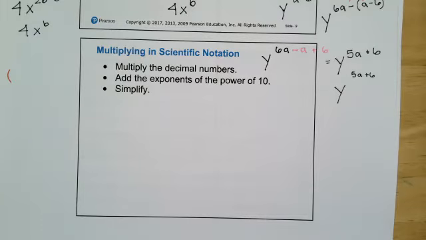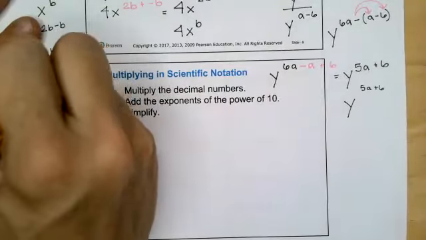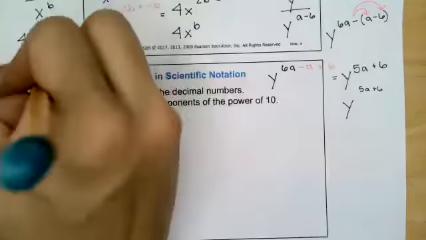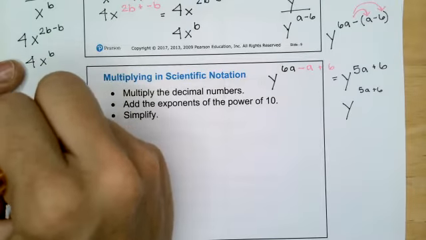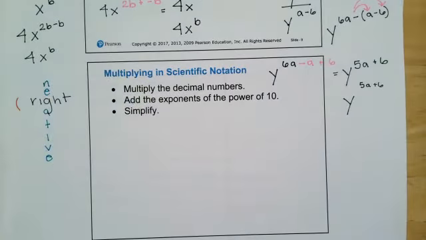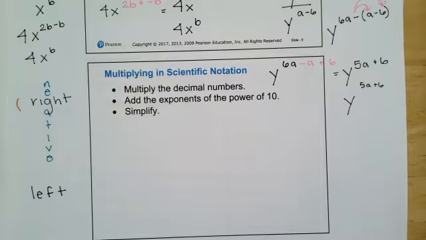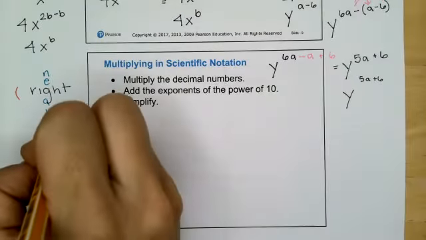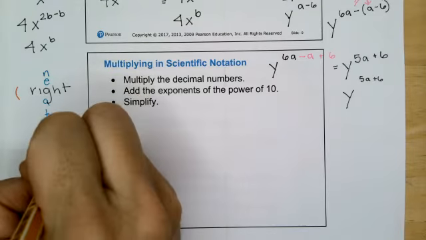Remember, when you are moving right, it is negative. And when you are moving the decimal point left, it is positive.